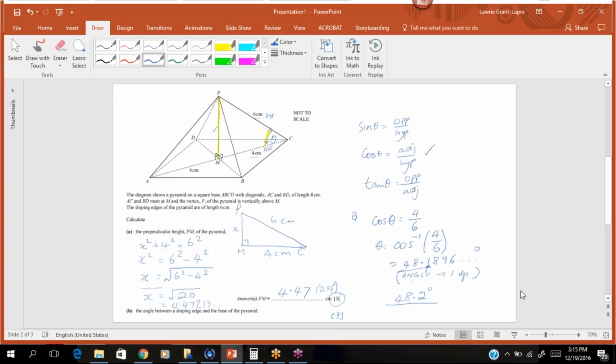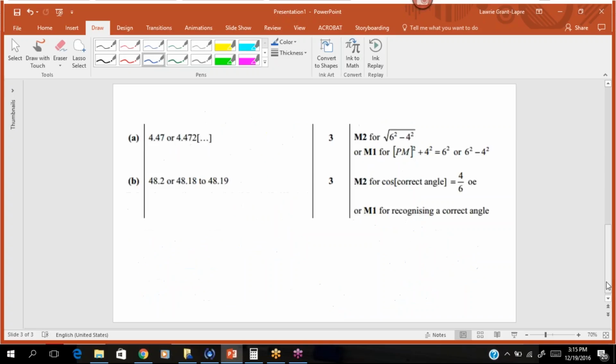That will do for finding the length and finding the angle. Let's just check. I have the answers here. For part A, for 2 marks, you can show the square root of 6 squared minus 4 squared, or you can show for 1 mark the initial Pythagoras theorem. And for part B, for 2 marks, we want cos of the angle, or cos theta, equal to 4 over 6, or an equivalent, which is cos to the -1.